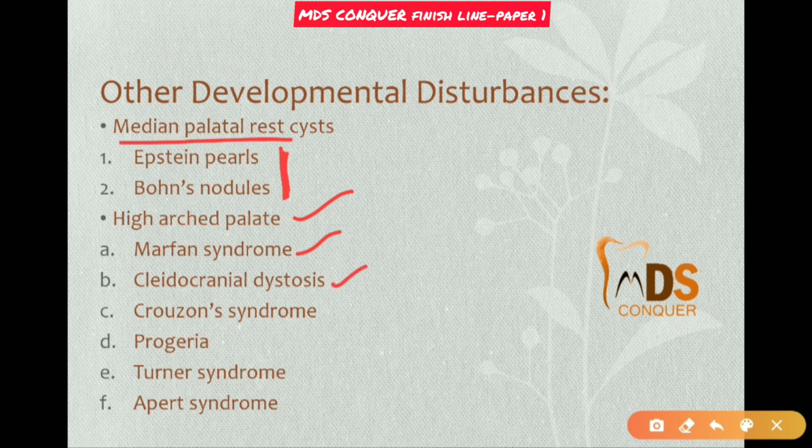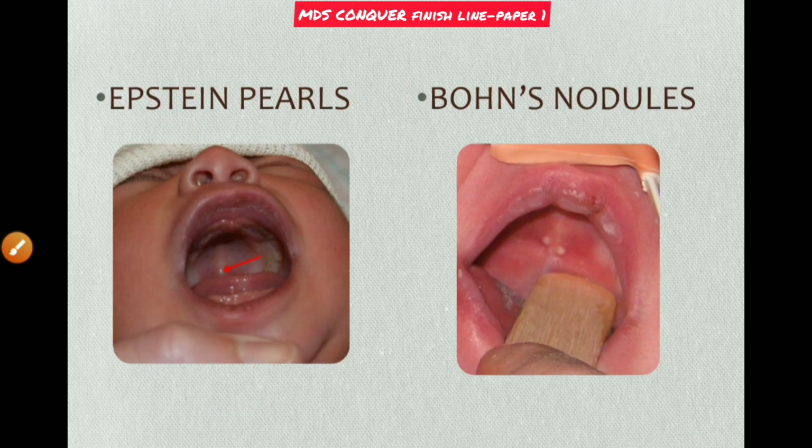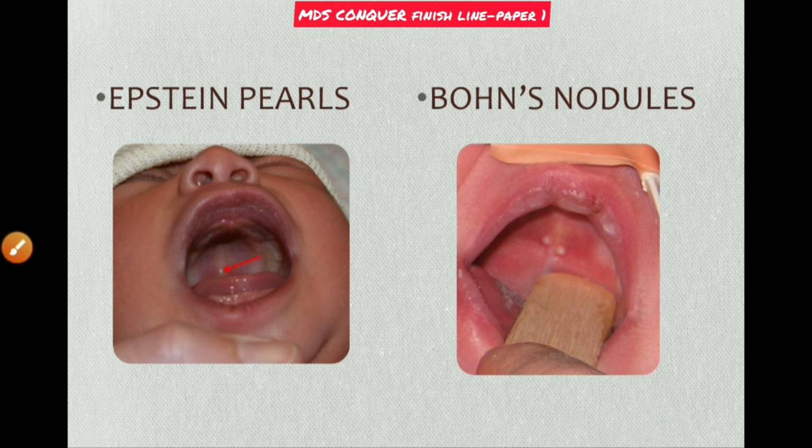The high arched palate can be seen in Marfan syndrome, cleidocranial dysostosis, Clouston syndrome, progeria, Turner syndrome, and Apert syndrome. These are the Epstein pearls you can see at the junction, whereas in the mid palatine raphe region you can see the Bohn's nodules.